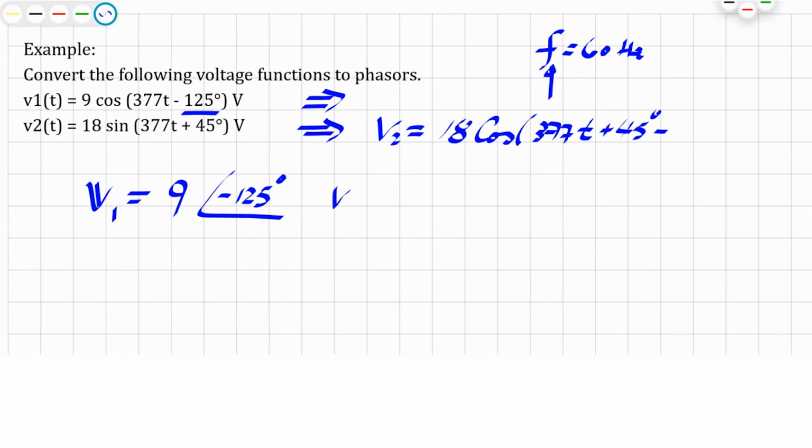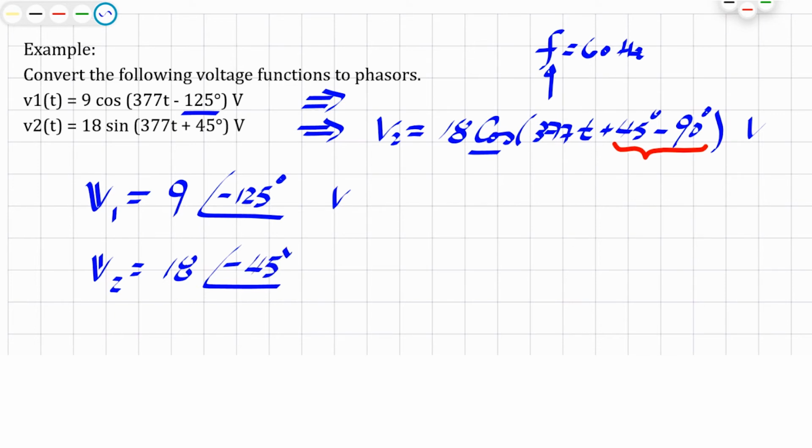And remember, we need to minus 90 to convert to cosine. So the phase angle now, based on the cosine function, is negative 45 degrees. So V2 in this case is 18 as the amplitude, with phase angle negative 45 degrees, in volts. So this is the conversion.